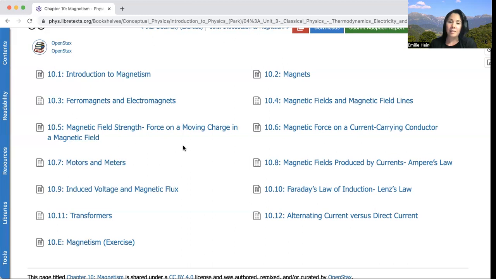You have probably used a lot of these concepts without realizing it. So I hope you enjoy this chapter, even though there is a lot packed in here. And after this one, we're going to move on to the last chapter of Unit 3 that's going to cover light.